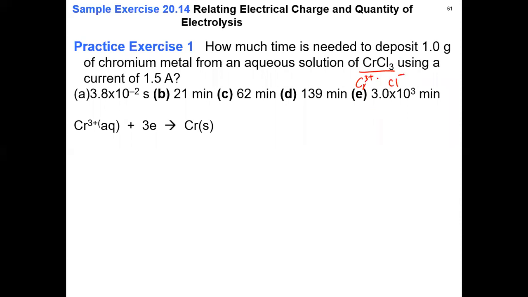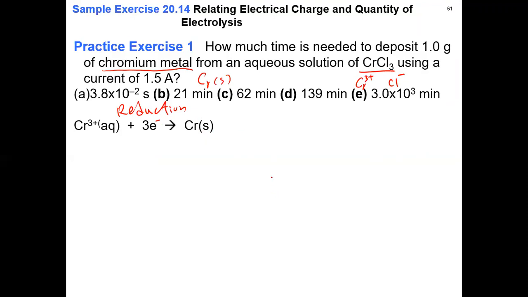You want to deposit 1.0 gram of chromium metal, which means Cr solid. So this is the reduction reaction: Cr3+ aqueous plus 3 electrons produces Cr solid.